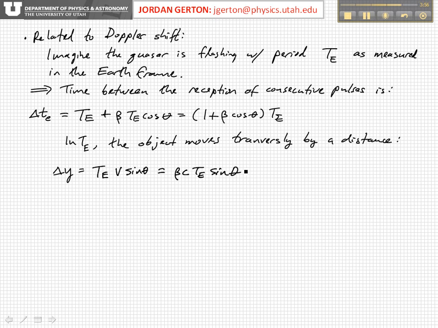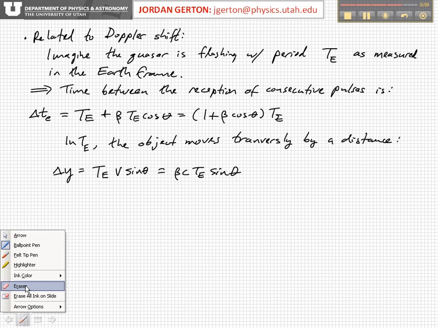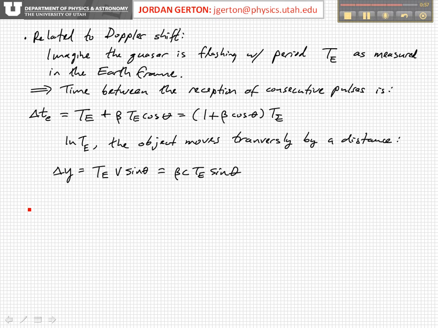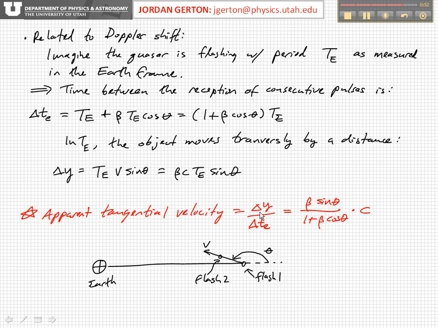Now the apparent tangential velocity is just simply delta y divided by delta t sub e. Okay, and if you calculate that, that's beta sine theta divided by 1 plus beta cosine theta, times c.